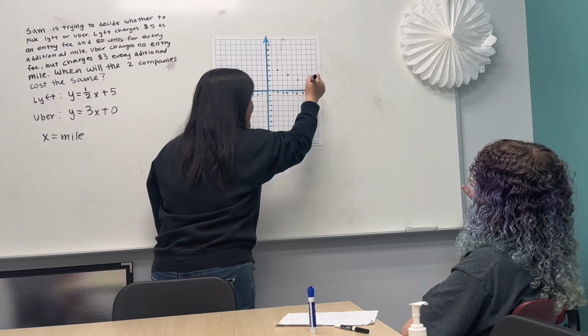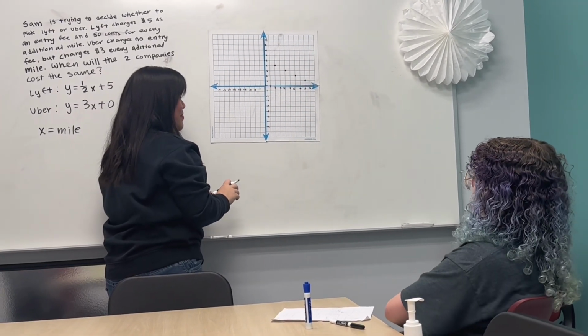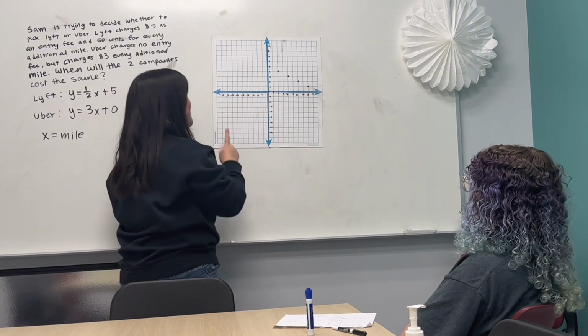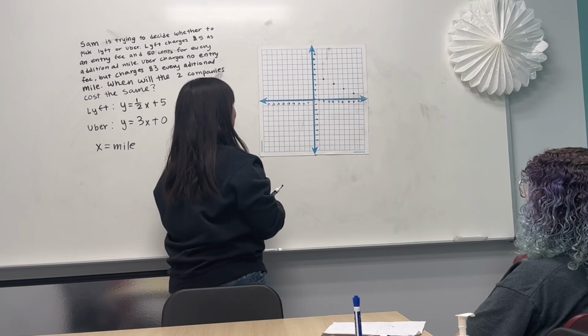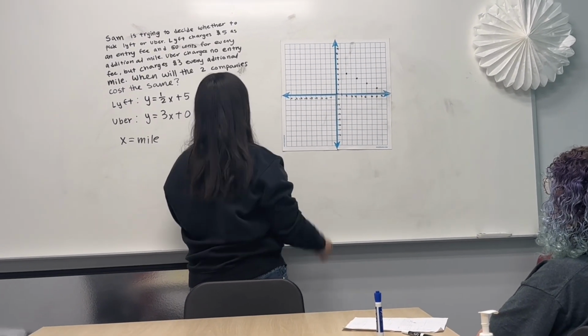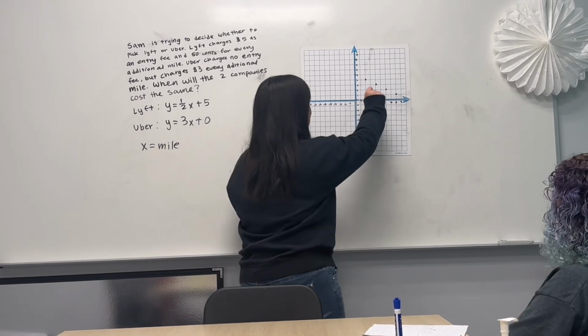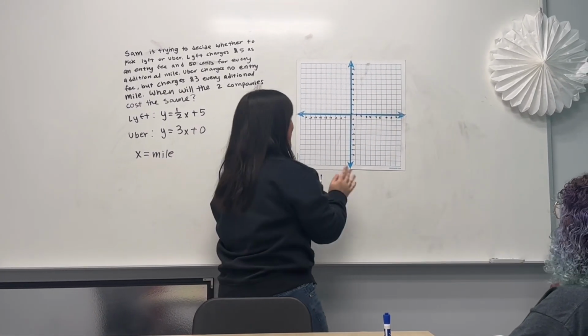Isn't it supposed to go the other way because it's a positive slope? Oh yeah, you're right, because it costs 50 cents more, so it should be going the other way. My bad. Thank you for pointing that out.